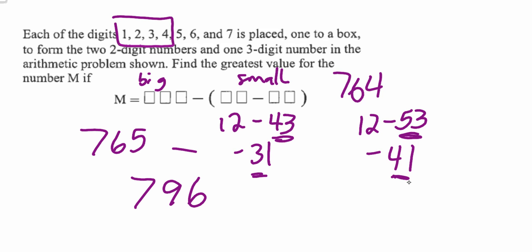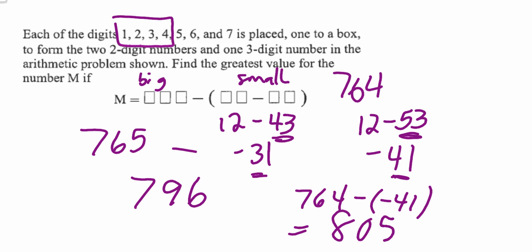So if you did that, 764 minus negative 41, you're actually going to end up with 805, which is the biggest. So a lot of you got this wrong because you wrote 796, which was such a close answer and it was the correct way of thinking. You just sort of had to realize that a difference of 10 here or a difference of 1 here was worth it.